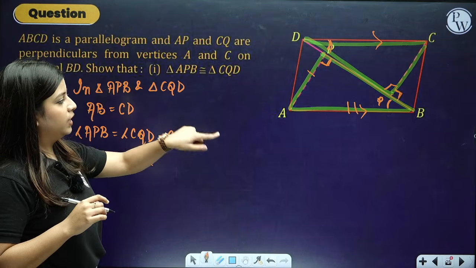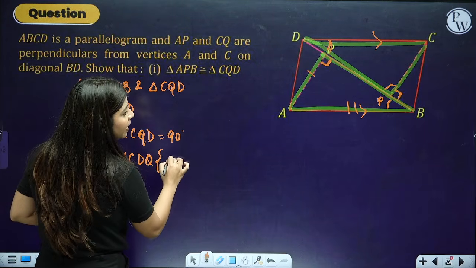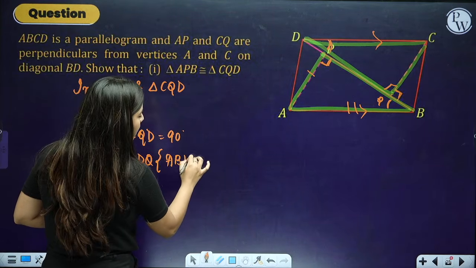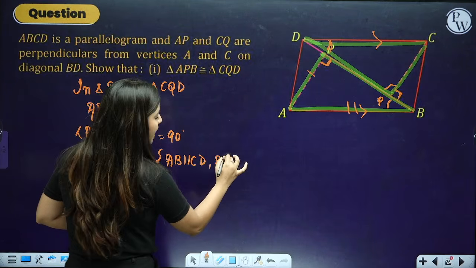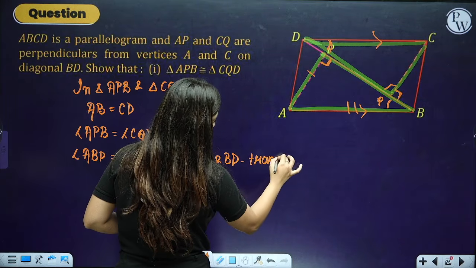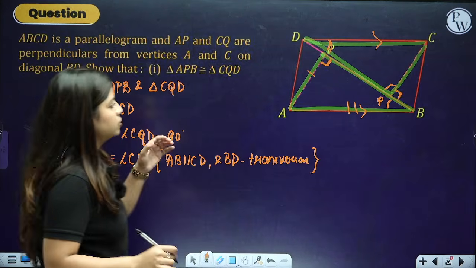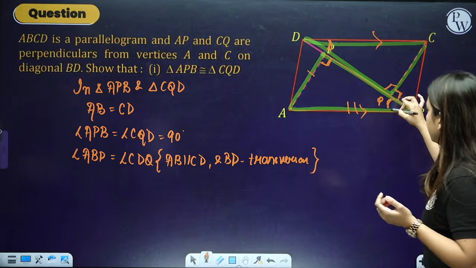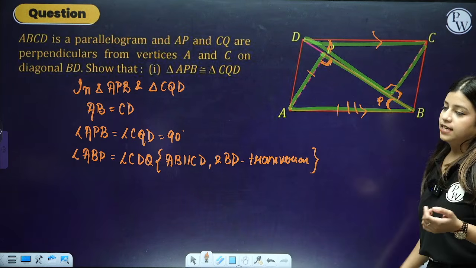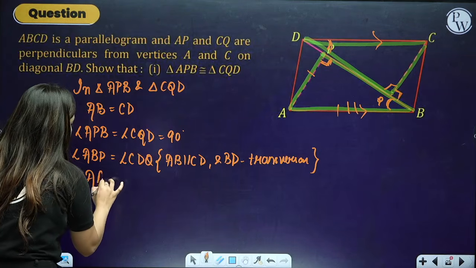Why? Taking AB parallel to CD and BD as transversal. So now we have taken this angle, this angle and this side. So we can prove it by the AAS congruency criterion.